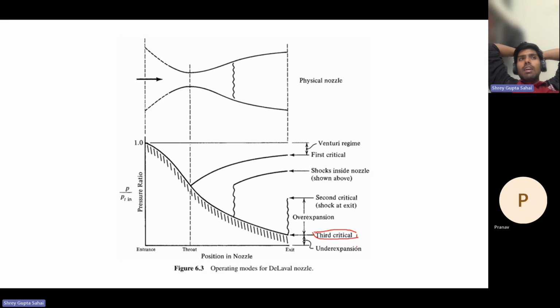Why do they design it that way, and how do they decide? I think you know a little more about that. How do they decide this altitude and why do they do it? Obviously, they have to do it overexpanded because the entirety of the ascent cannot be underexpanded. So they have to design it as overexpanded. But how do they decide that altitude?